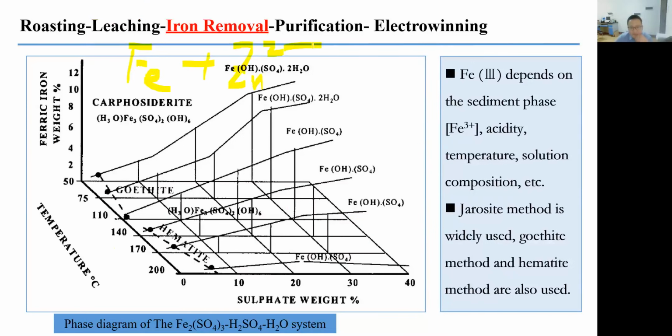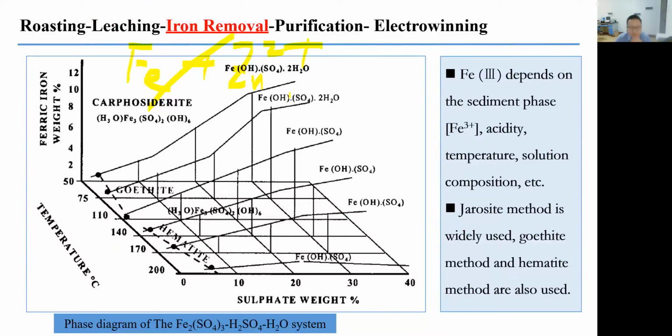So the separation of iron and zinc should be realized in the solution phase. And when we are going to separate the iron from the solution phase, we have to know the mechanism of iron removal.